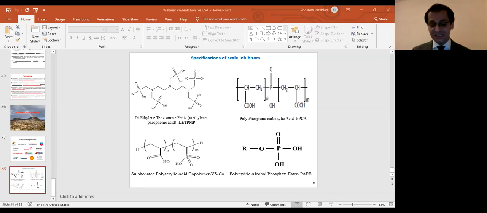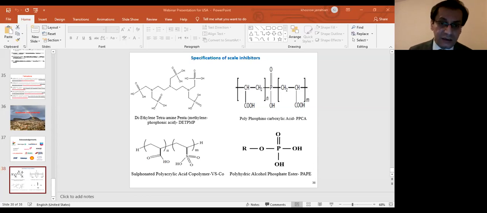So in this case, instead of remedying the problem, we have created another problem. That's why we have to look at pH, mineralogy, particularly in carbonates. Formation damage, to look at the permeability after and before scale inhibitor, compatibility tests, and retention mechanisms.